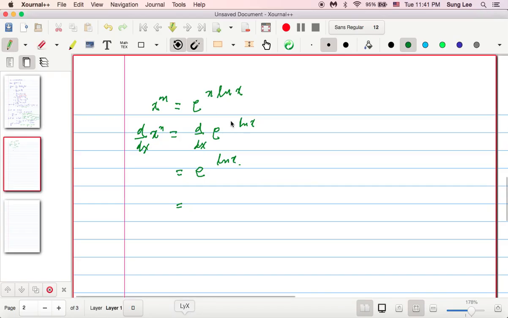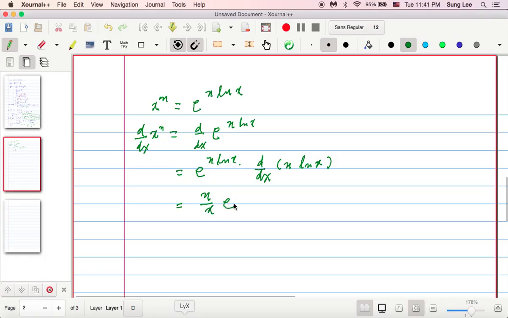Okay, it was n, so actually n times ln x. So it's going to be e to the n times ln x, and then multiply that by the derivative of n times ln x, right? The derivative of n times ln x is just n over x, because n is a constant.